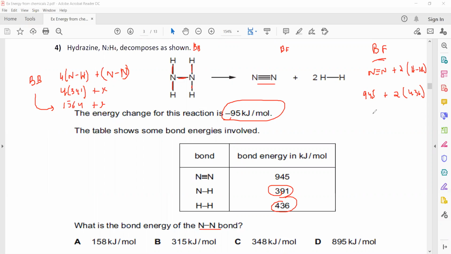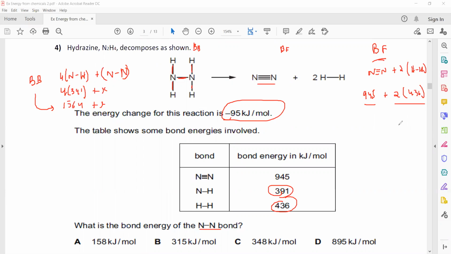What's the answer for bond forming? 436 multiplied by 2 plus 945. What's the final answer here? No, it is 945 plus 2 multiplied by 436.